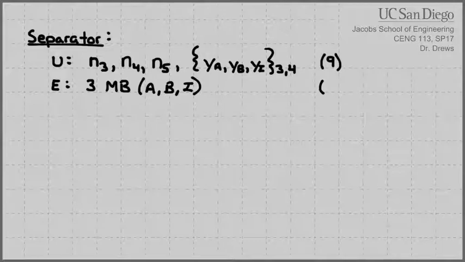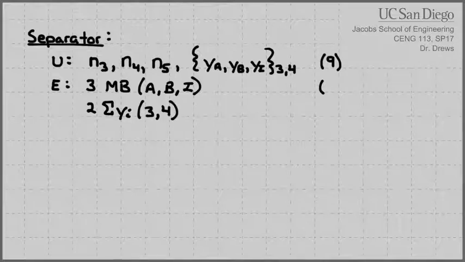And for the number of equations, we just get those 3 material balances. Don't forget we also get 2 sums of yi, specifically on streams 3 and 4. Remember, we don't get one on stream 5 because 5 is pure. And so we've got 5 equations or knowns, and so therefore we have +4 degrees of freedom. So we don't want to look at the separator just yet either, because there's still a lot going on there.